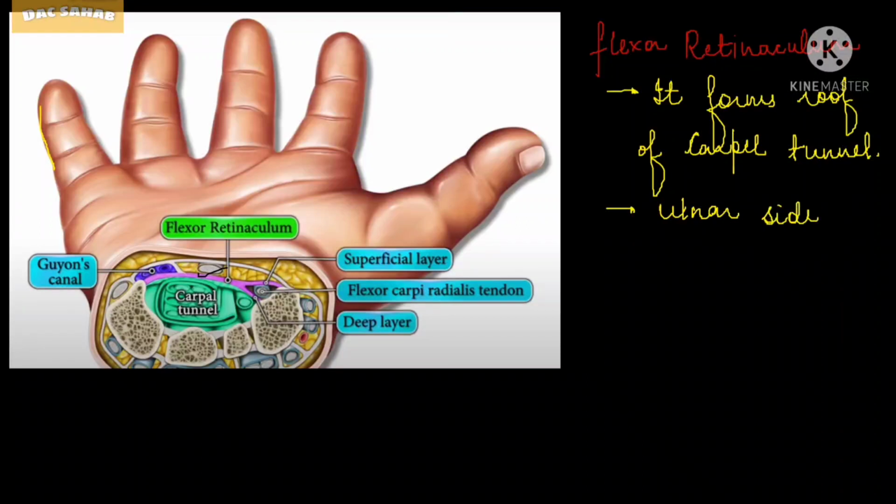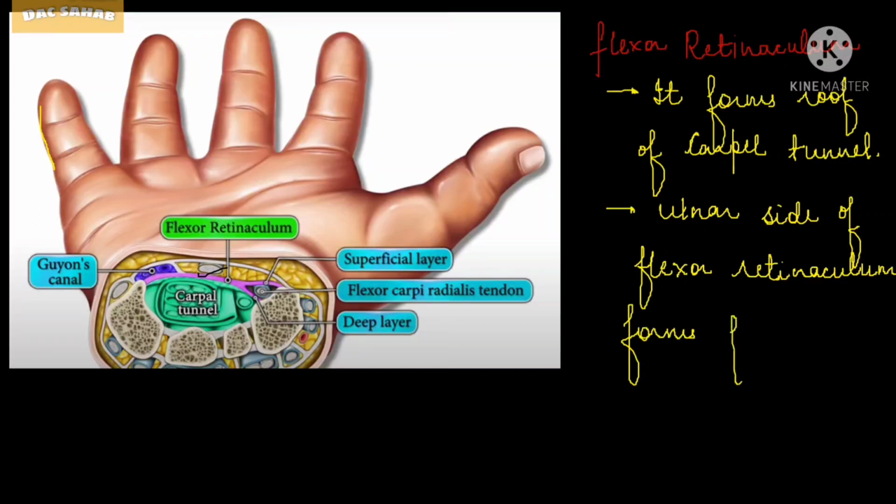Ulnar side of flexor retinaculum forms the floor of Guyon's canal. Now talking about Guyon's canal, which structures pass through this canal? The structures passing through this canal are ulnar artery and ulnar nerve.